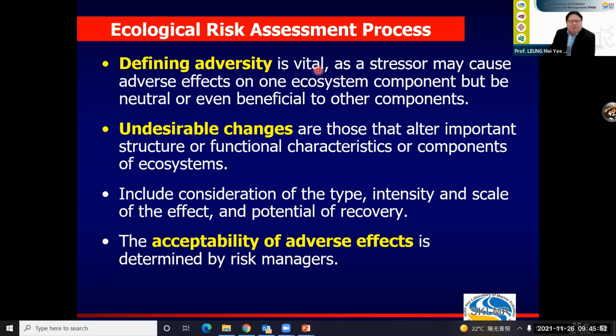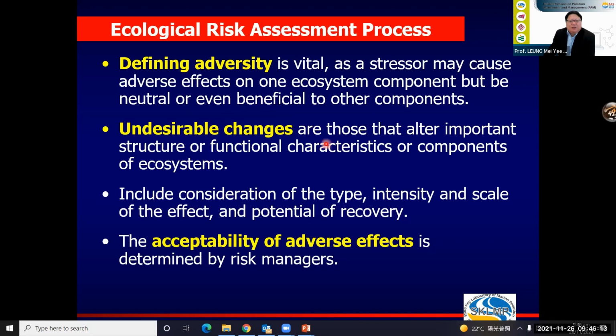in a site-specific manner. In general, the unacceptable or undesirable changes are those that can alter important structure and function of the ecosystem. Okay, this is a common definition.